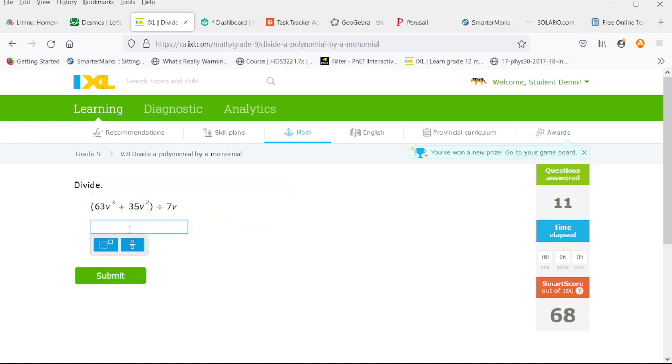So here we divide by 7v. 63 over 7 is 9. We have v squared plus 5v. We're going to have a negative 9b squared plus 8b.